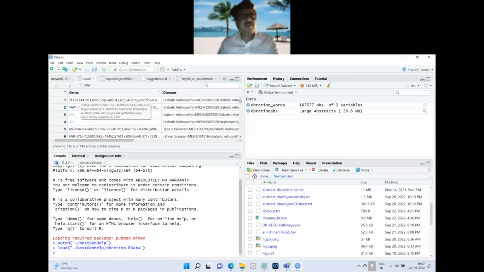Say, for example, in the first paper, we had this gene ZFAS1. Then there is an miRNA also, which is MIR-7-5P. Then there is another gene called ACSL4.